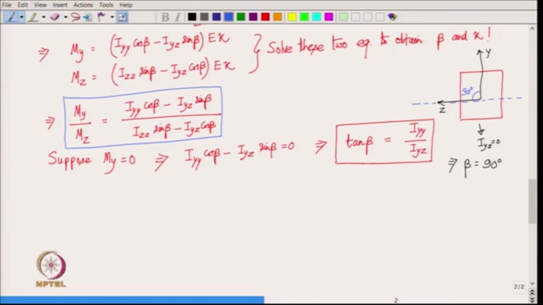Okay. So, once we have beta known, then we can plug in beta in any of the two equations here and also obtain the bending curvature. For example, upon using the first equation here, the curvature kappa is simply M y divided by Young's modulus E into I yy cos beta minus I yz sin beta, and beta you obtain from the above equation.